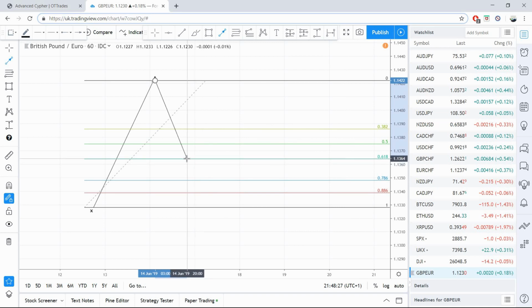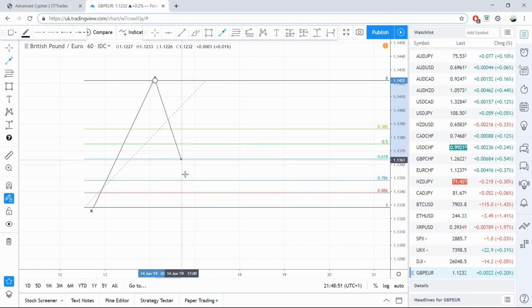Now, where it says about the close price, the candle wick can actually exceed 618, but if price retraces within that candlestick and the candle closes just above the 618 level, it can close anywhere. Actually, it could even close above the 382. If the candle closes above this 618 level, then that is still valid.